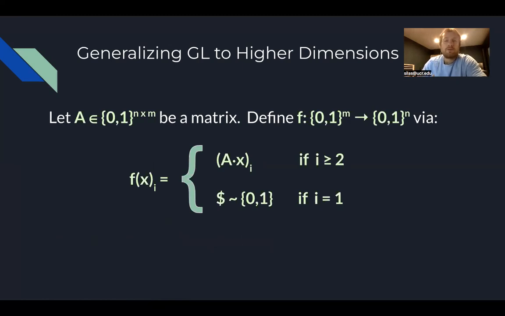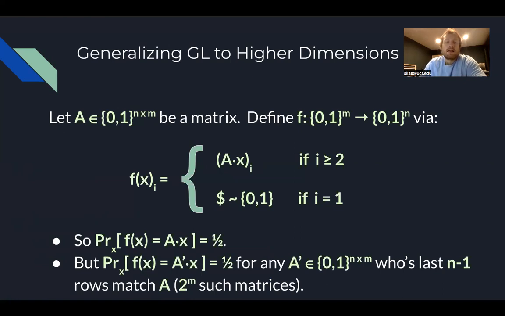Why are you out of luck if epsilon is less than 1/2? It's not immediately clear, but here's a counterexample. Here's a function f which outputs A of x, except for the first coordinate of output, where it just outputs a random bit. Clearly, f of x is going to equal A of x with probability 1/2, because it's just whether or not you get the first bit correctly.